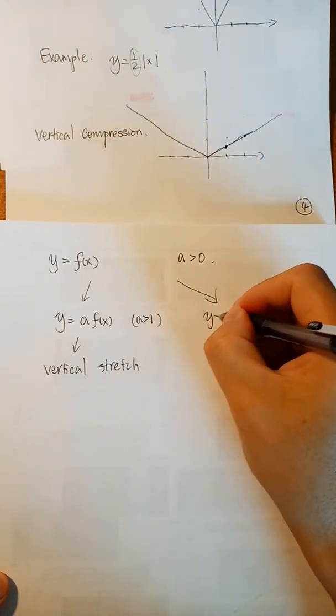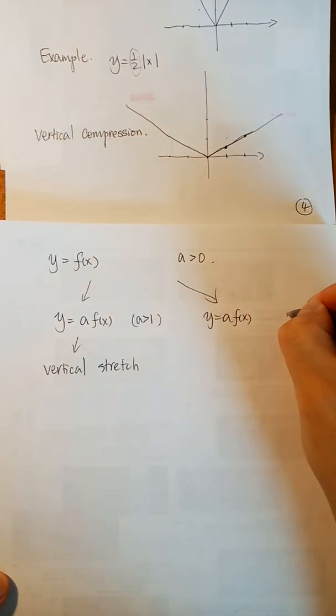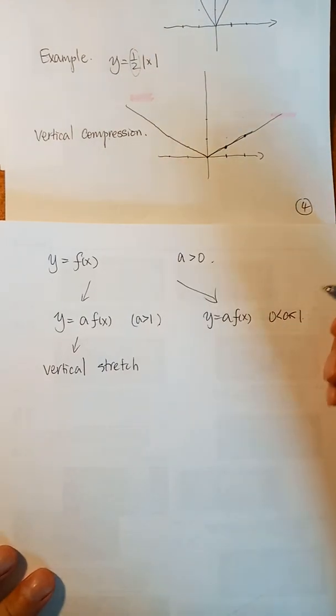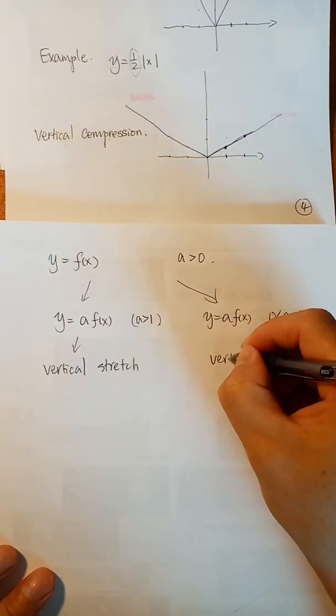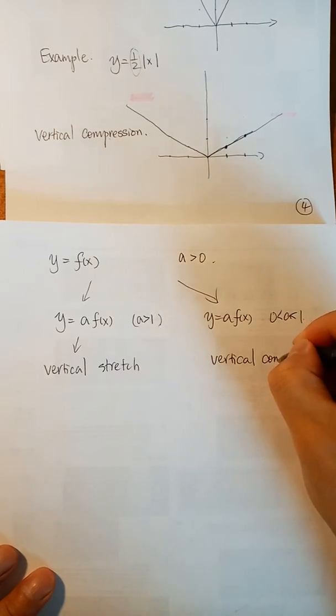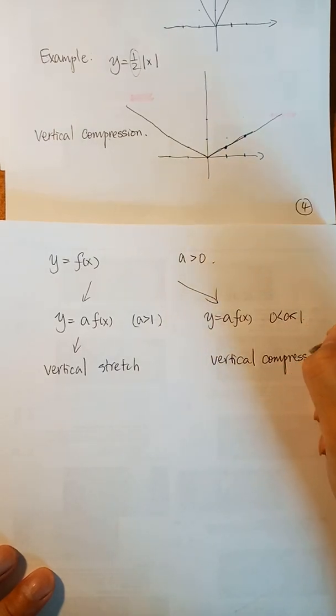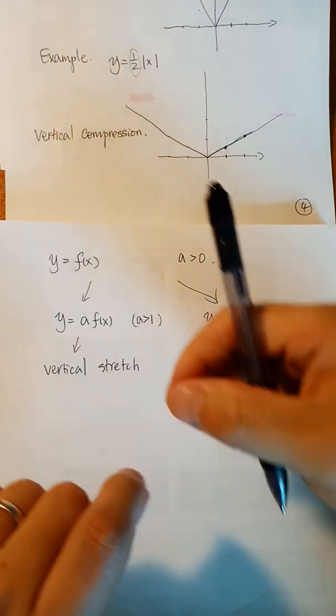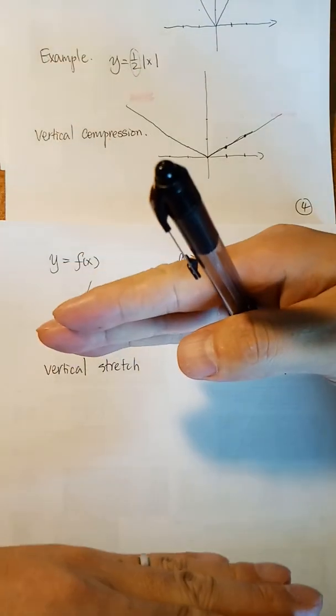Second, if you have y equal to a f of x, but this time a is between 0 and 1, small, like 1/2, 1/3, 0.1, this is a vertical compression. Stretch, you just enlarge it. Compression, just squeeze it.